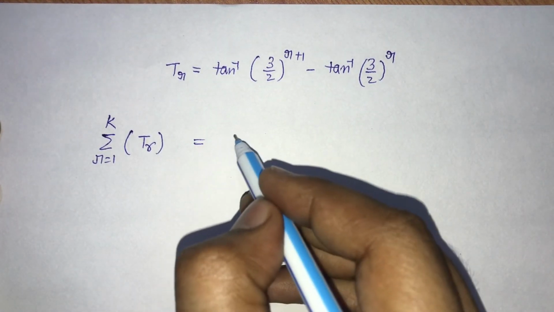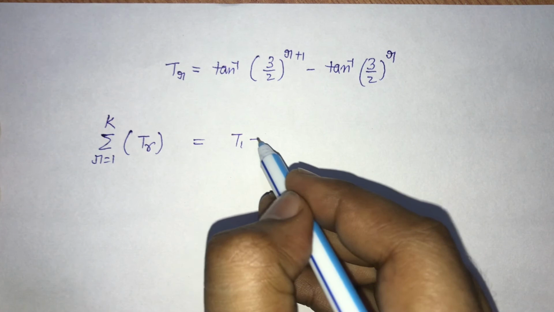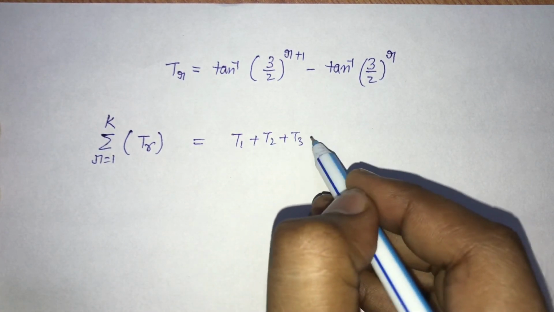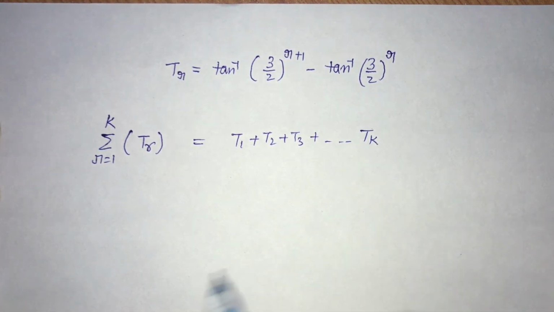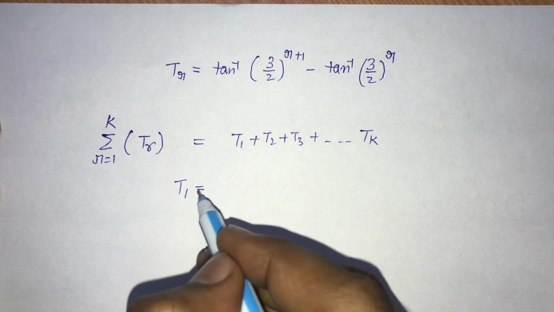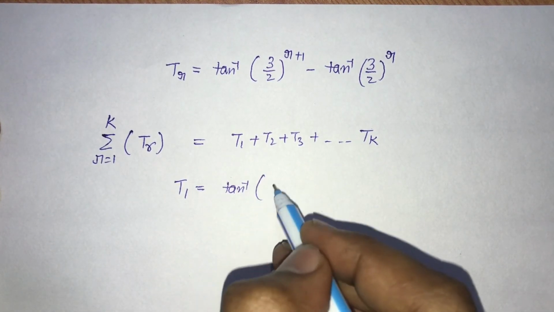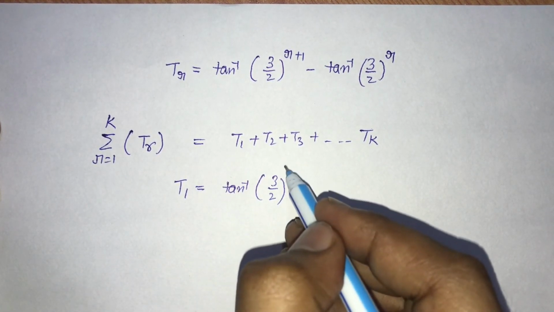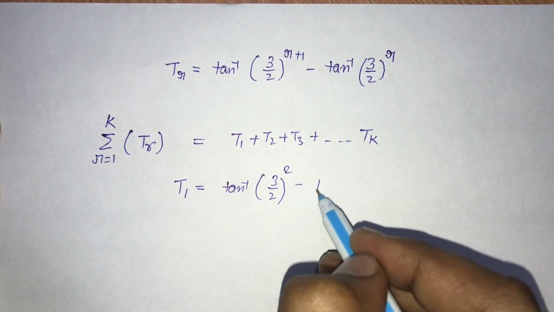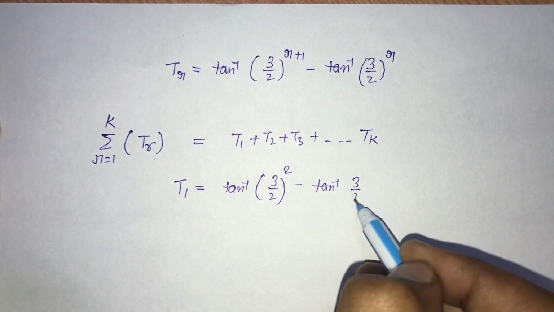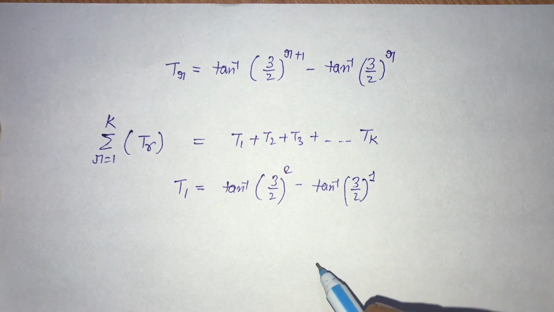So what will it be? T1 plus T2 plus T3 plus and so on Tk. So what is T1? T1 is tan inverse 3 by 2 raised power 1 plus 1, 2 minus tan inverse 3 by 2 raised power 1.